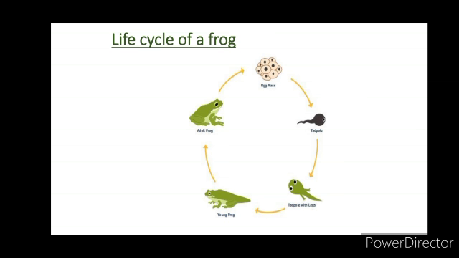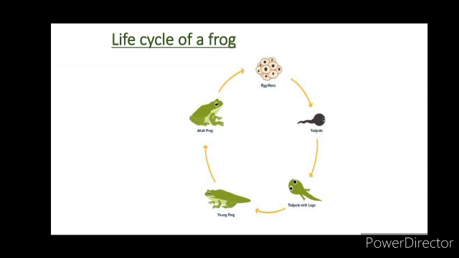After a few weeks, the legs of the tadpole grow. The tadpole starts losing its tail. It begins to look like its parent, like a frog. When fully grown, the frog completely loses its tail.